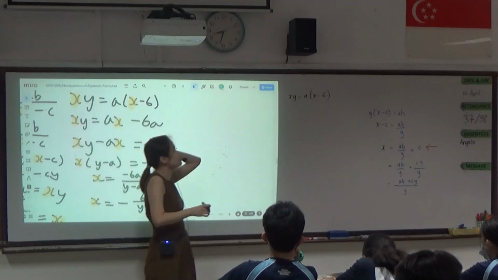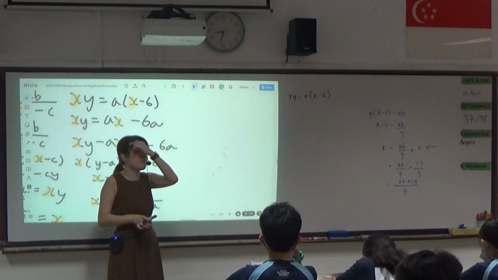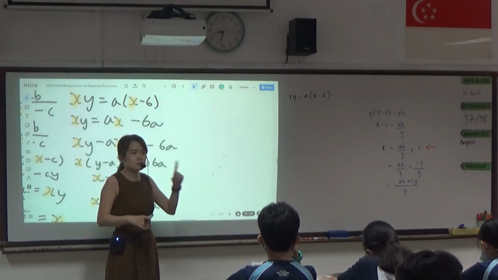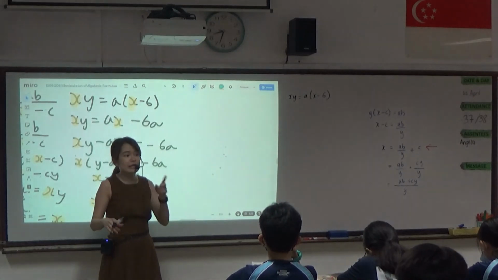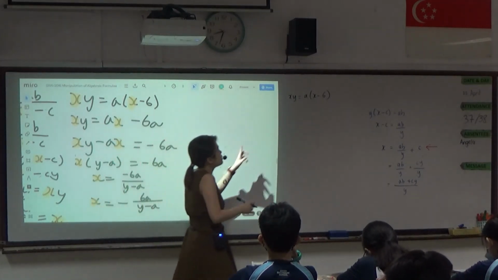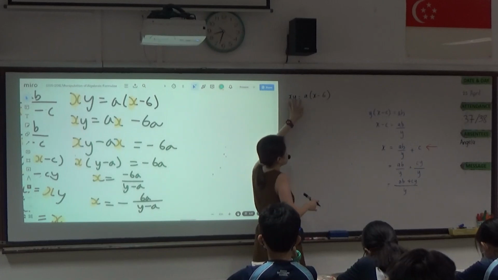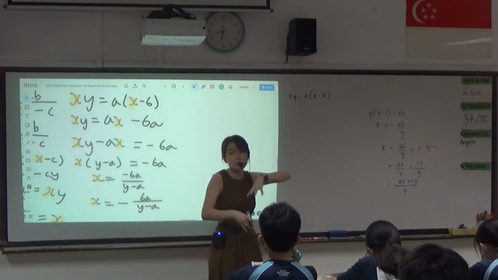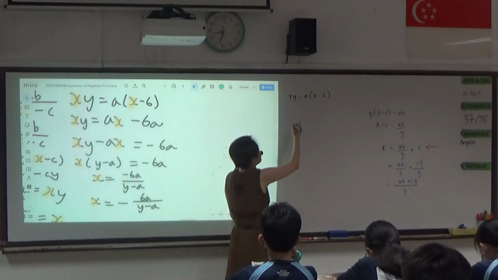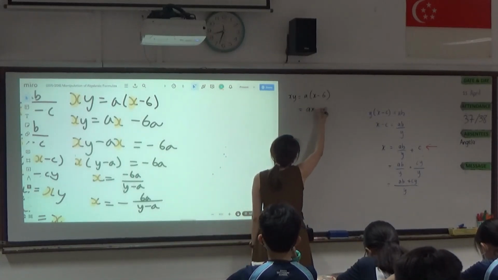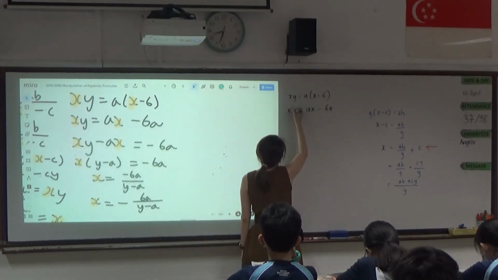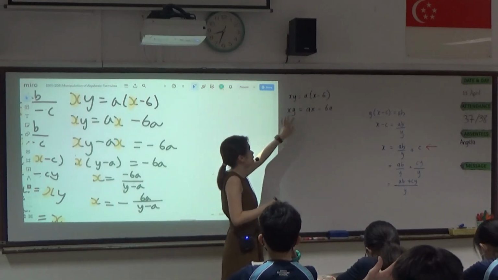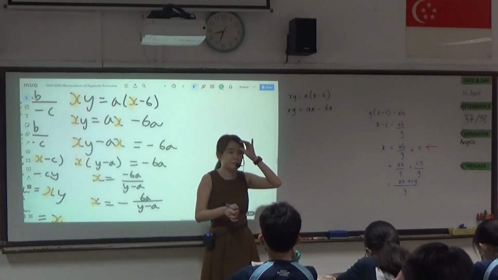Whenever we have our x in two places, what we first need to do is to bring the x's together. How do I bring the x's together? You notice that my x is trapped inside the brackets, so we need to release it first, and that can be done by expanding it. So we have xy equals ax minus 6a.